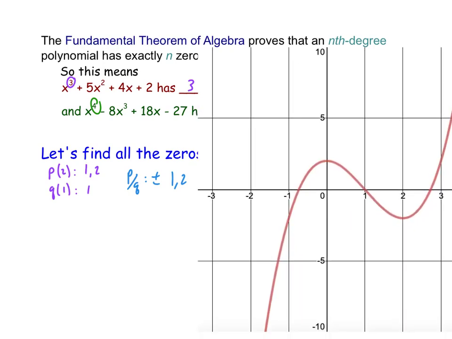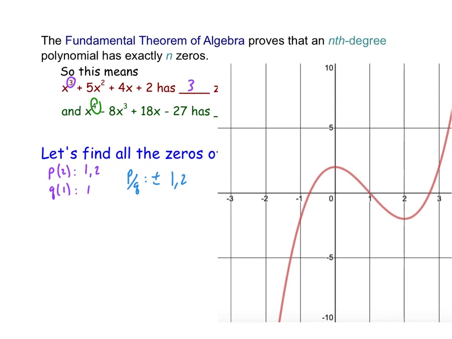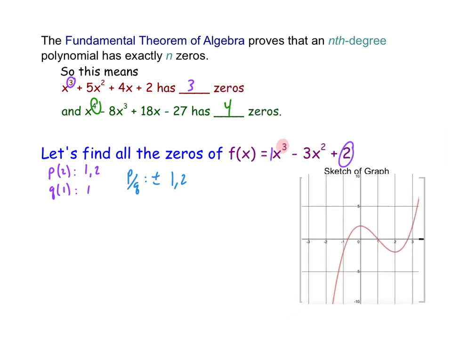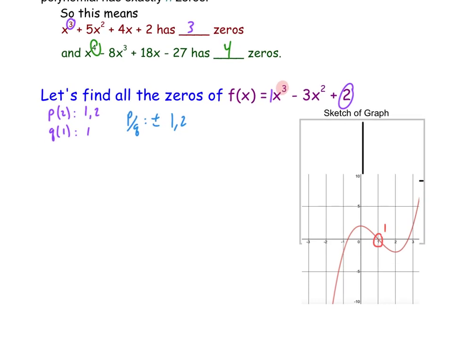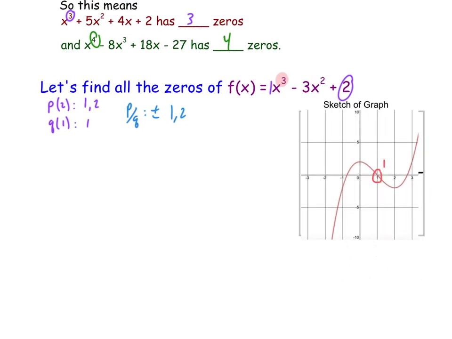As we look at the graph, we definitely see it's hitting at 1. So we're going to use that as the number we pull out with the synthetic division.